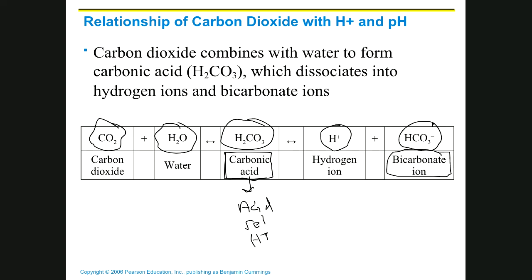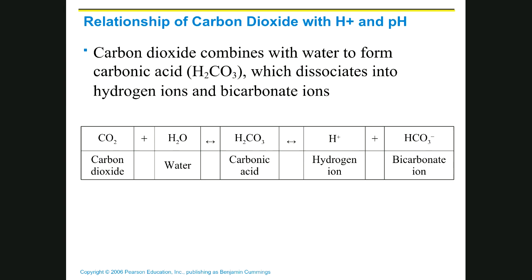So this happens automatically. If I take carbon dioxide and I add it to water, automatically some of it is going to combine chemically, form this carbonic acid, and that carbonic acid is going to dissociate, release a hydrogen, and what I'm going to be left with is a bicarbonate ion.